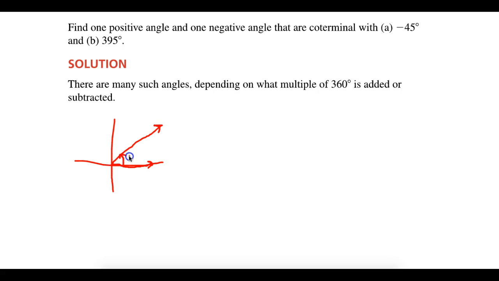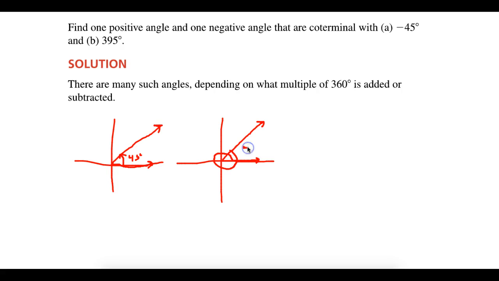So there's a 45-degree angle. Well, imagine if we had another angle that was 405 degrees. So again, let's lay our initial side out. 405, so that means we're going to go around 360 plus 45 more.